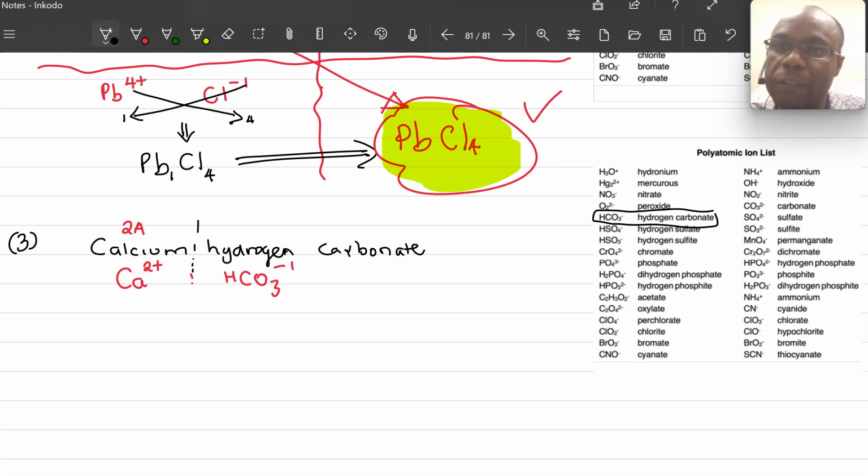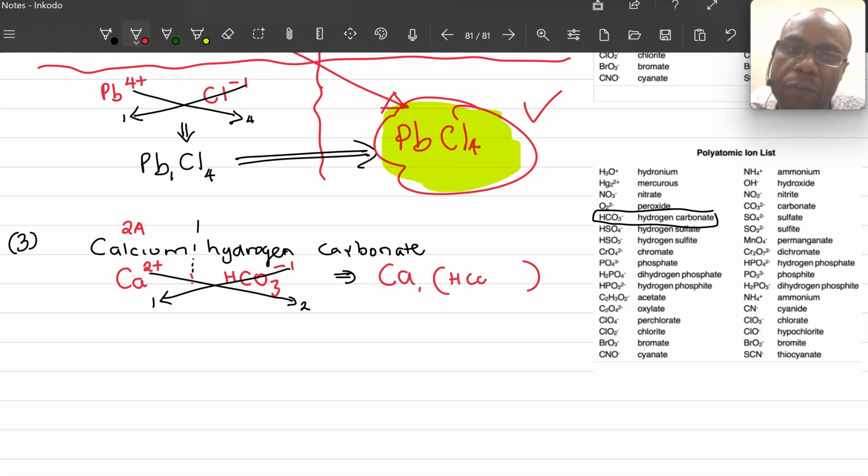So if I want to quickly find the formula of this, I can drop the absolute value of 2 plus, which is 2, and the absolute value of minus 1, which is 1, and simply put the formula here would be Ca subscript 1. Use parentheses for the polyatomic anion. That 3 should be below the oxygen, and then the 2 came from the calcium.